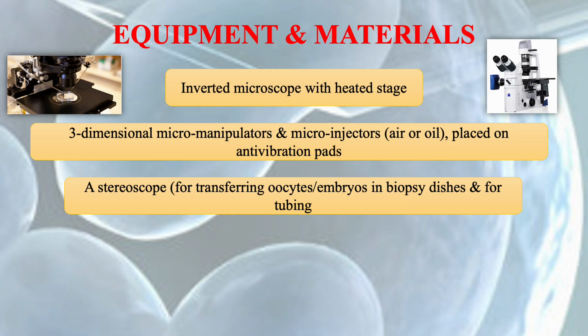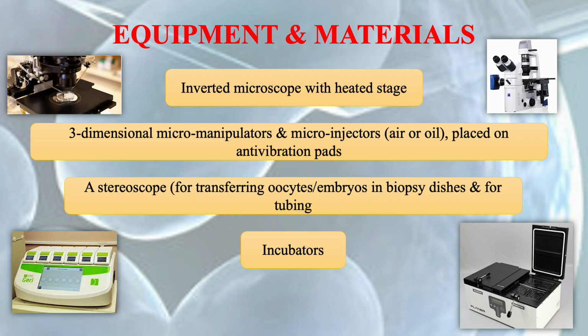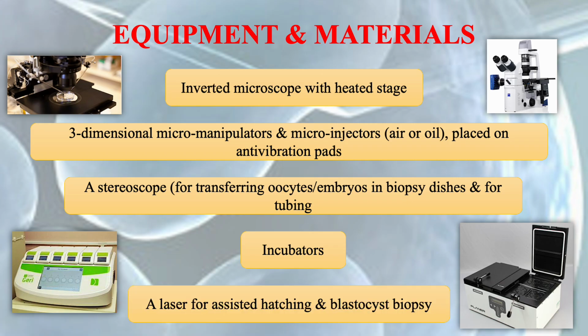The third thing is a stereoscope for transferring oocytes or embryos in a biopsy dish and for tubing. Fourth one, obviously, the incubators, which can be box incubators, the time lapse, and the benchtop. Then lastly, a laser for assisted hatching and blastocyst biopsy.